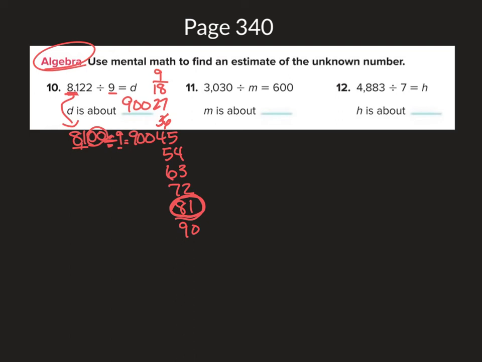Okay. Well, let's think about this, guys. I've got a 6 here with 2 zeros. So what if I'm looking at 6 and I did multiples of 6, right? Let's do multiples of 6. 6, 12, 18, 24, 30, 36.